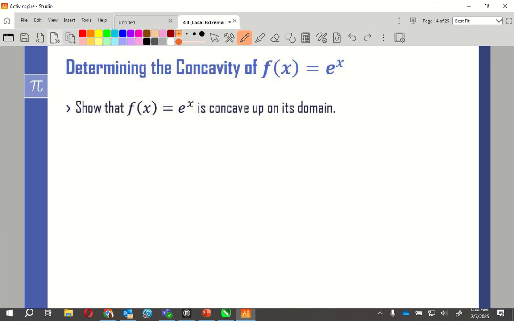Show that f of x equals e to the x is concave up on its domain, where it exists. Okay, so let's see. I get f prime of x equals, what's the derivative of e to the x? e to the x. Now set it equal to 0.